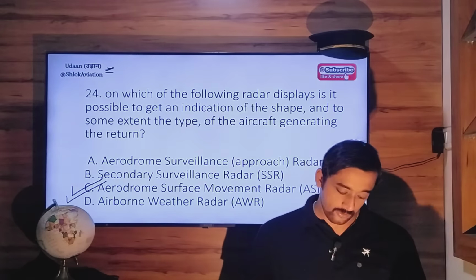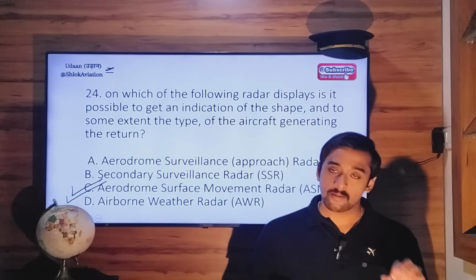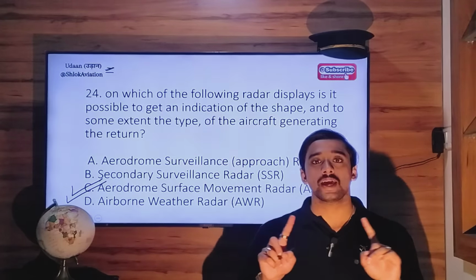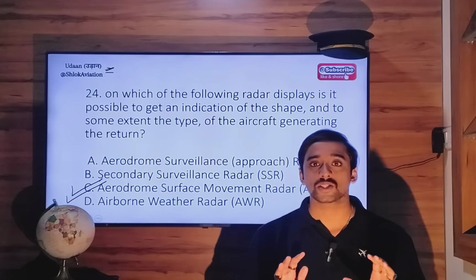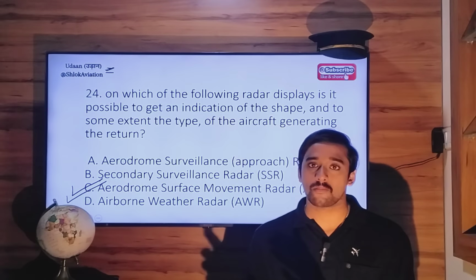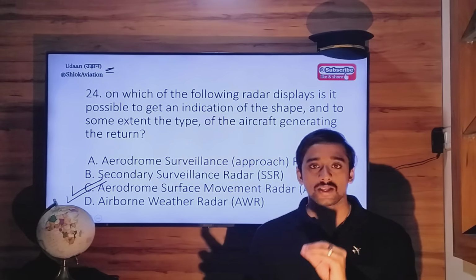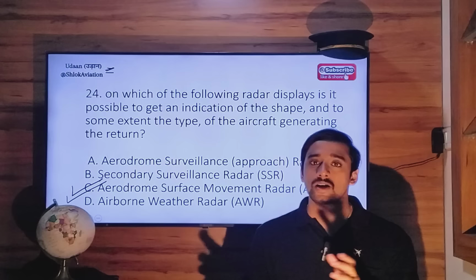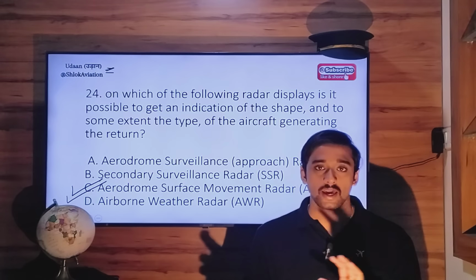Now this airport surface movement radar is primarily designed to get a complete picture of the airport and its surroundings, to give the ATC controller all the relevant information about all aircraft and other vehicles moving on the runways, taxiways, and other maneuvering areas of the airport.